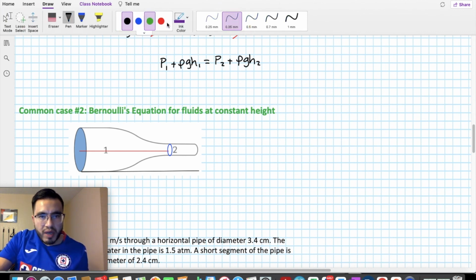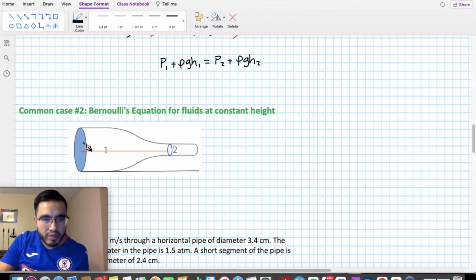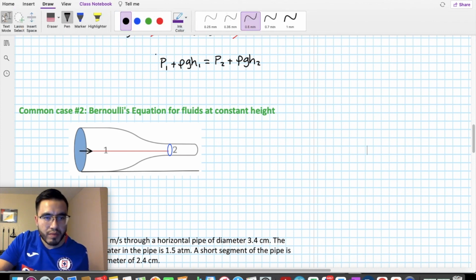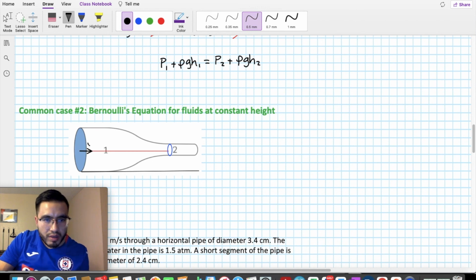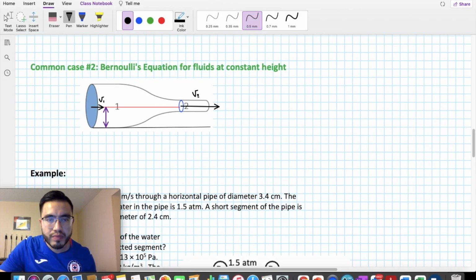And of course, I know I'm going to have some velocity. This fluid is going to have some velocity over here, which I'll call V1. Velocity 1. And then on my other side, the fluid will have a greater velocity, which we will call velocity 2. There you go. Oh wait, I didn't write H1 over here.